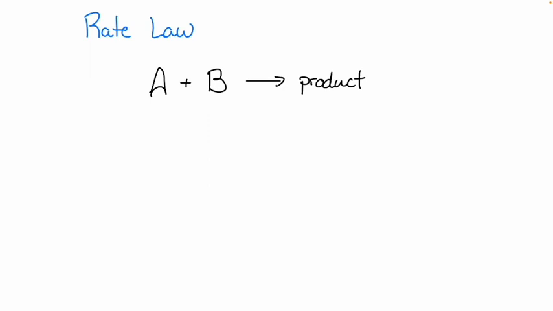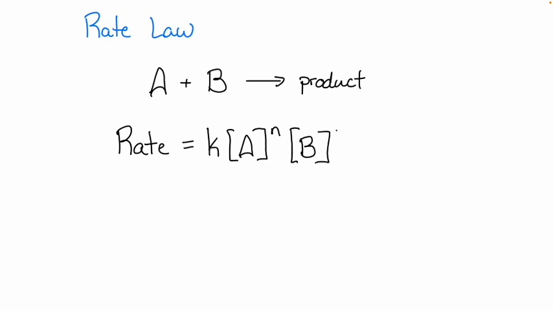All right, so it's going to look fairly similar. Our rate is equal to some constant k times the concentration of A to the power of n times the concentration of B raised to its own order, to the power of m. I guess I could have swapped those so it was alphabetical order, but it doesn't really matter.